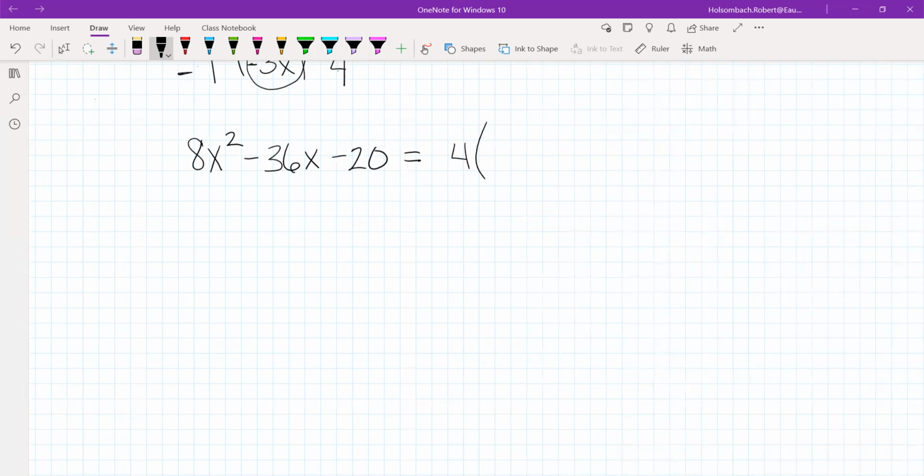So then we divide 4 into each term. 4 into 8x squared goes 2x squared times. 4 into 36x goes 9x times. And 4 into 20 goes 5 times.